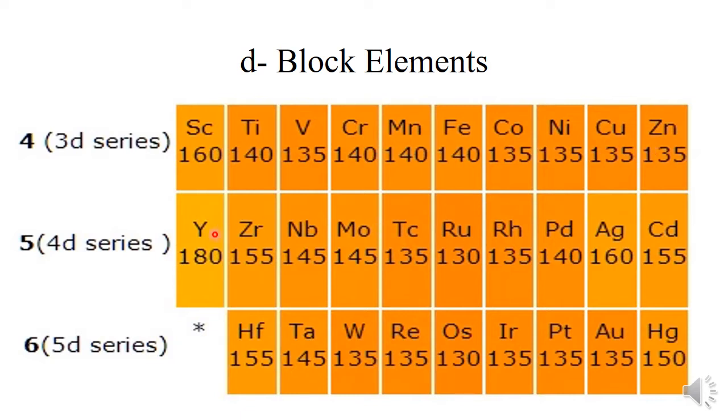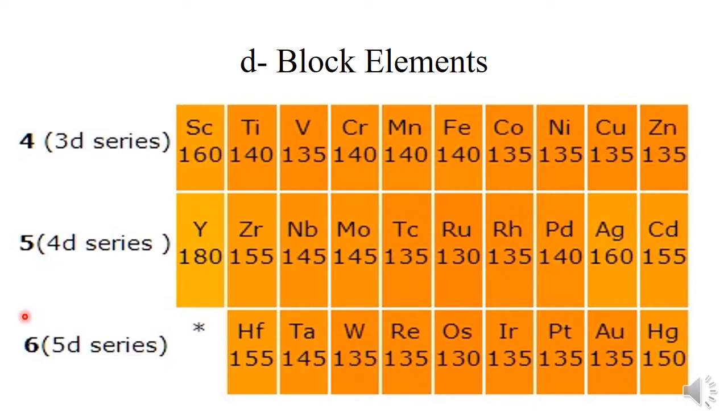And the second transition series or the 4d series corresponds to the filling of the 4d sublevel and again consists of 10 elements of the fifth period, that is from yttrium to cadmium.